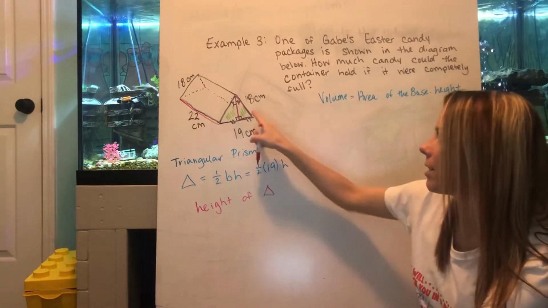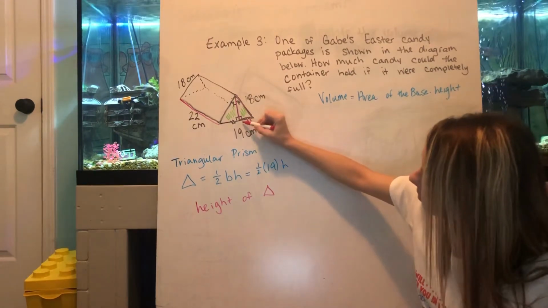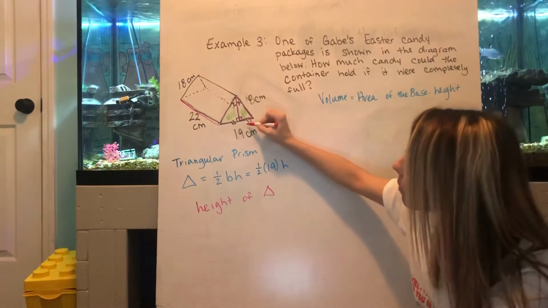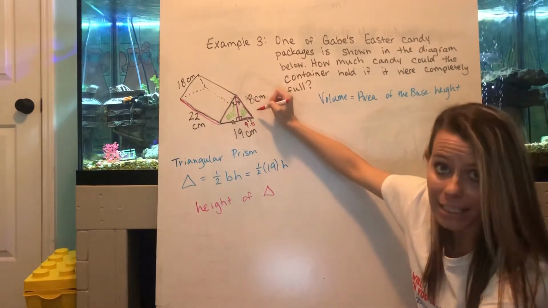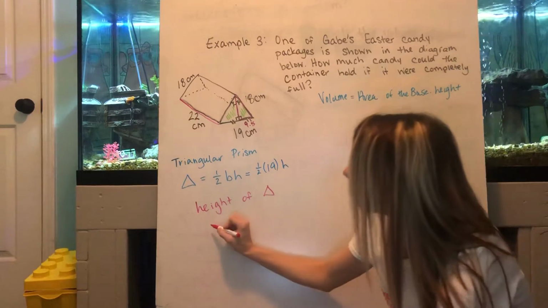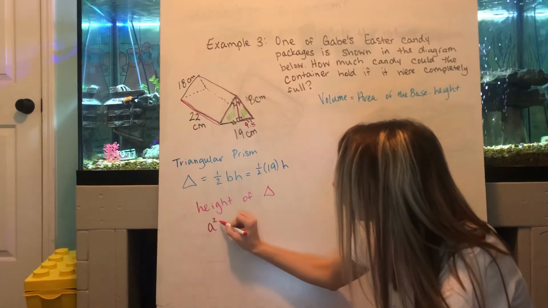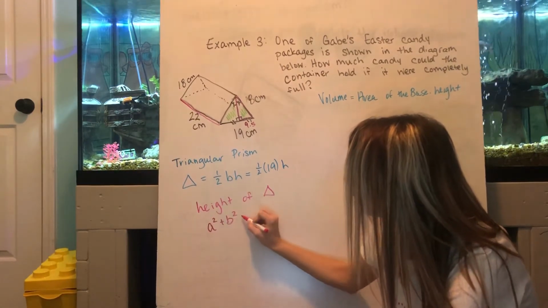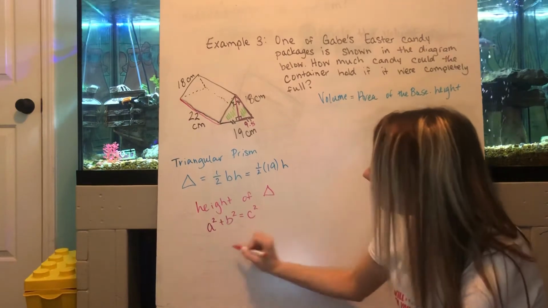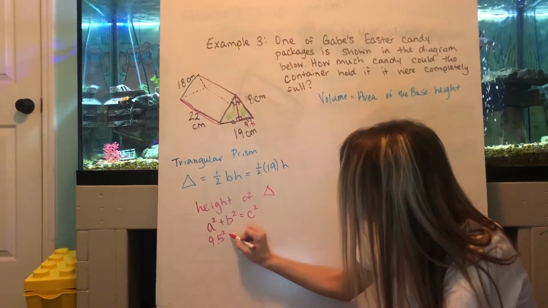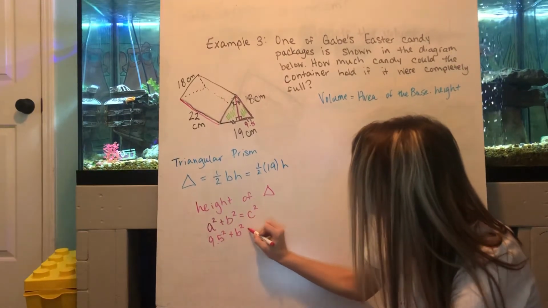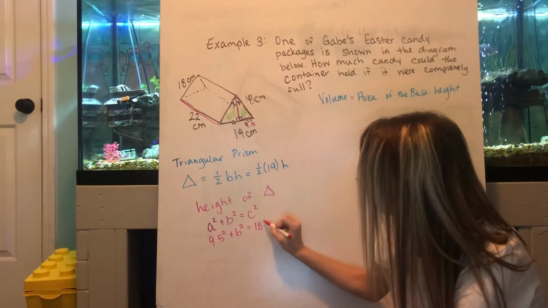So since I have a right triangle, this is 1/2 of 19, which is 9.5. And then the hypotenuse is 18. So I can do the Pythagorean theorem, a squared plus b squared equals c squared. So 9.5 squared plus b squared equals 18 squared.